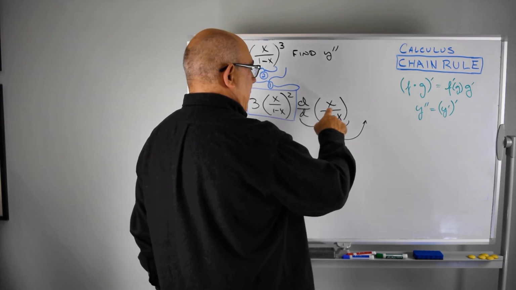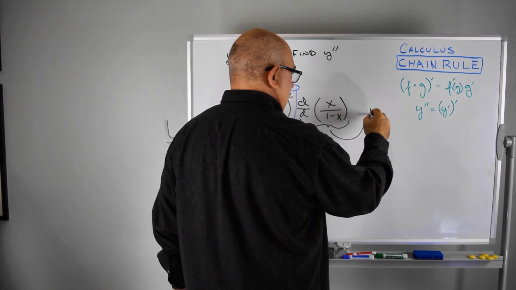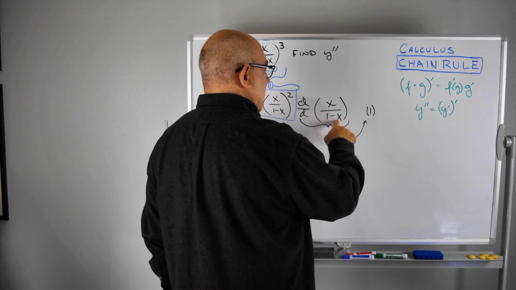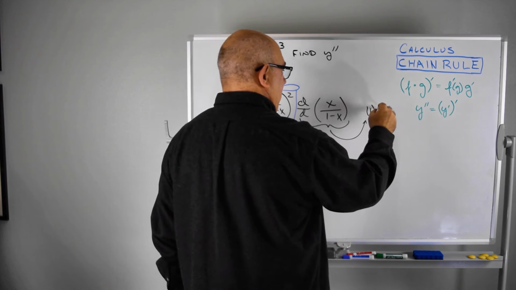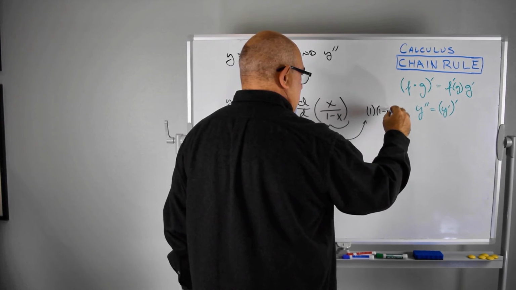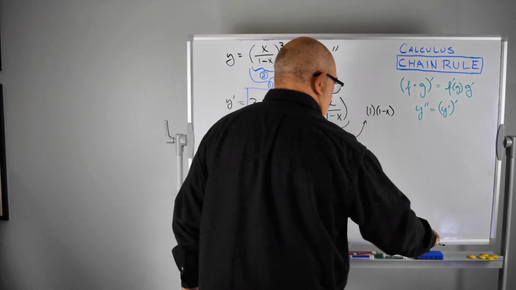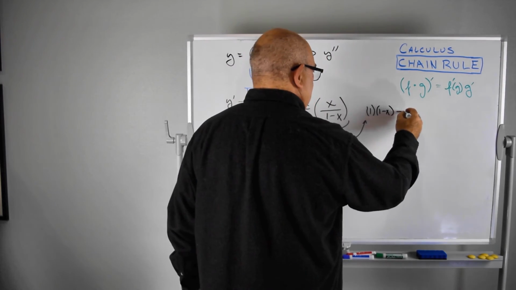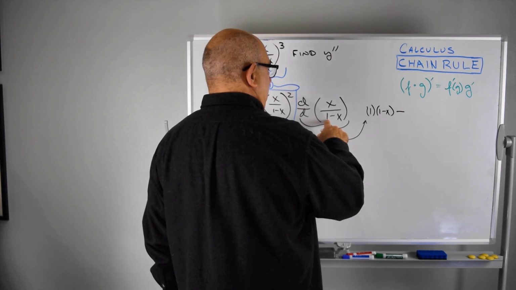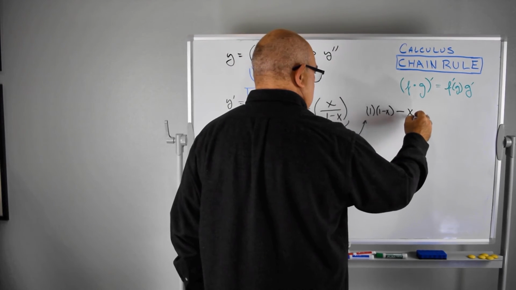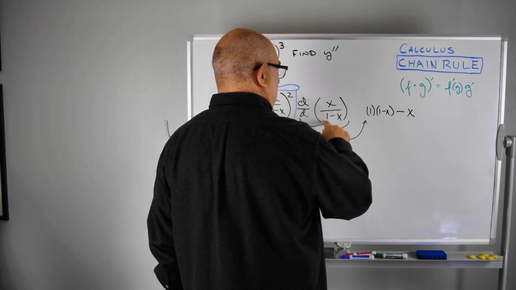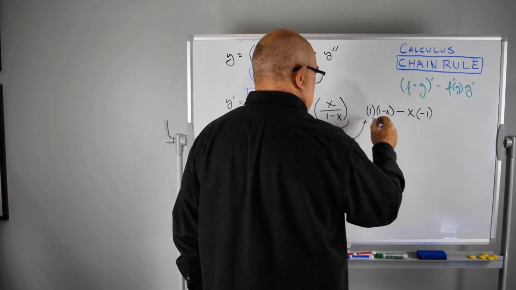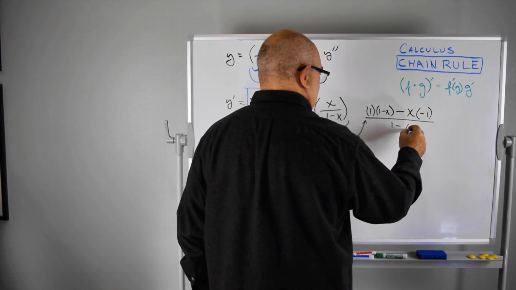So the derivative of x is 1 times 1 minus x, minus x times the derivative of 1 minus x, which is minus 1, divided by 1 minus x squared.